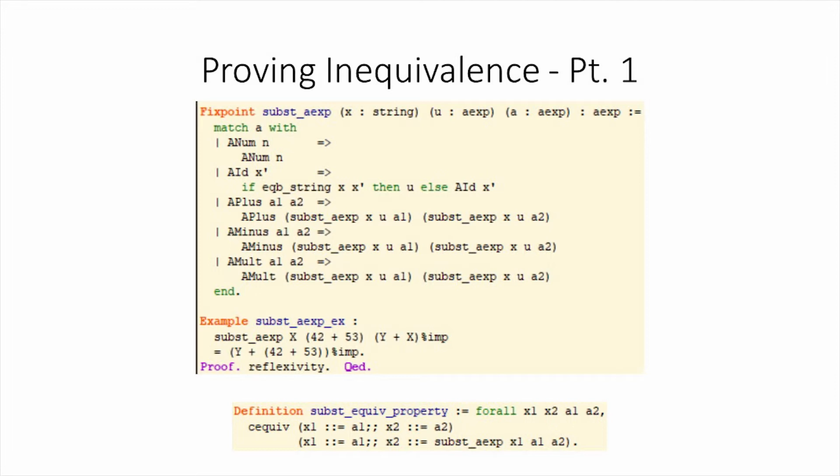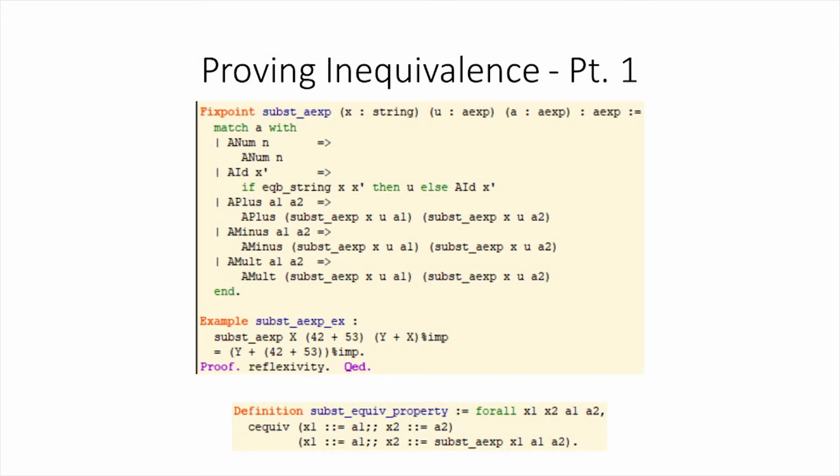So we see this shown in the Coq code for the SUBST AEXP substitution, where we show addition, so A plus A1 A2 yields the substitution on A1 and the substitution on A2, and we have a similar setup for A minus and A multiplication.